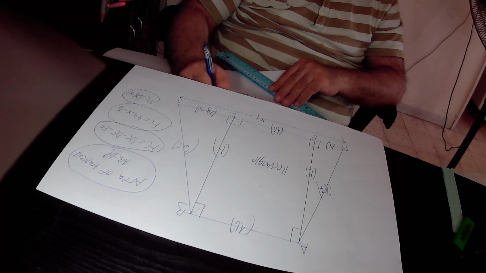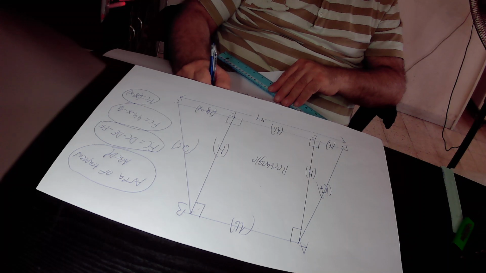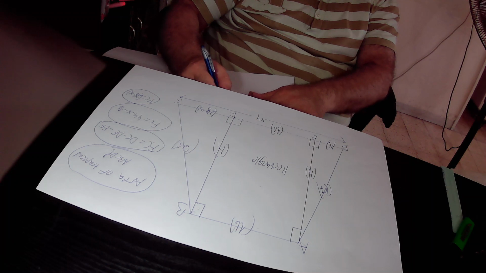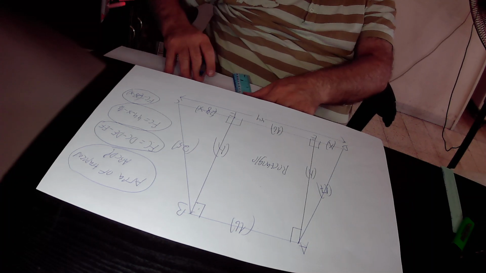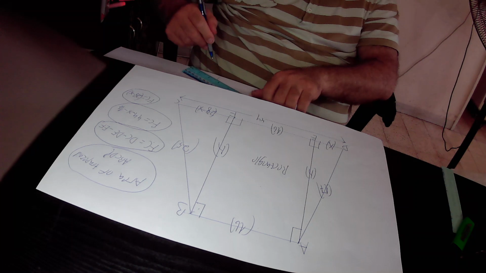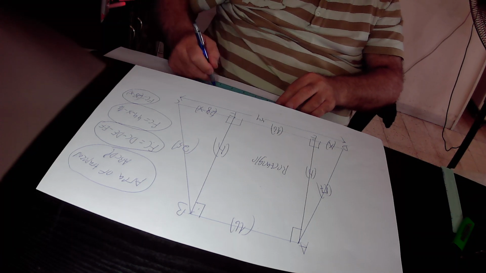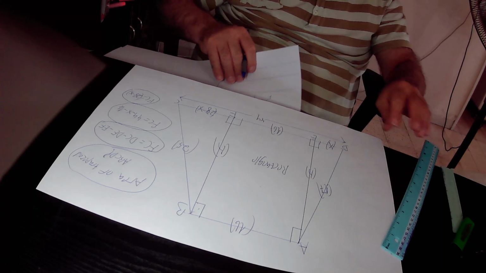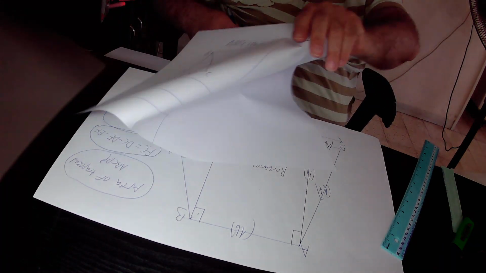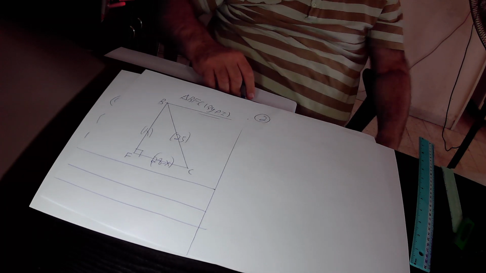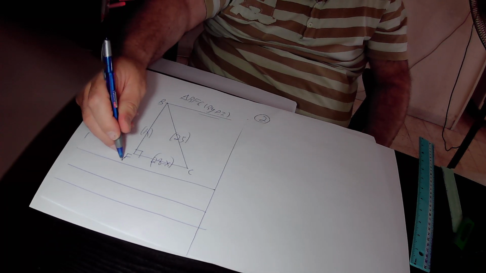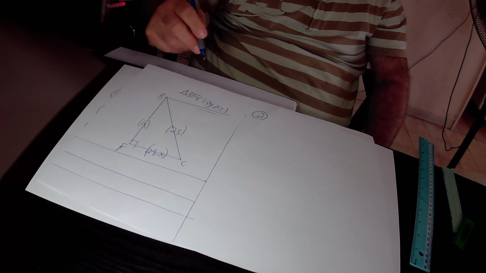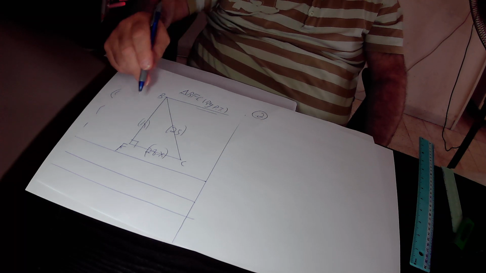So this is the right triangle BFC according to the original drawing. According to the Pythagoras theorem, in this right triangle BFC, BC squared, that is the square of the hypotenuse, is equal to BF squared plus FC squared.